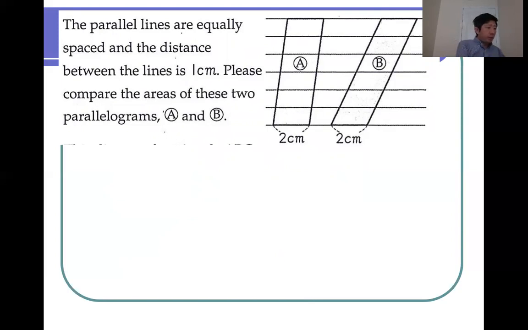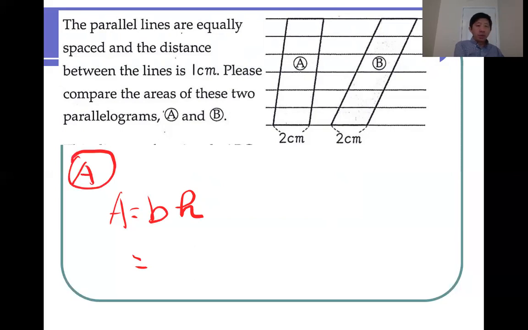Remember that we talked about the area of a parallelogram is what? Base times height, right? So A, what's the base? Base is 2. Height is how many? Height will be like this. Is that right? 90 degree, right? So therefore, that'll be 1, 2, 3, 4, 5, and 6 units. So times 6. All right.